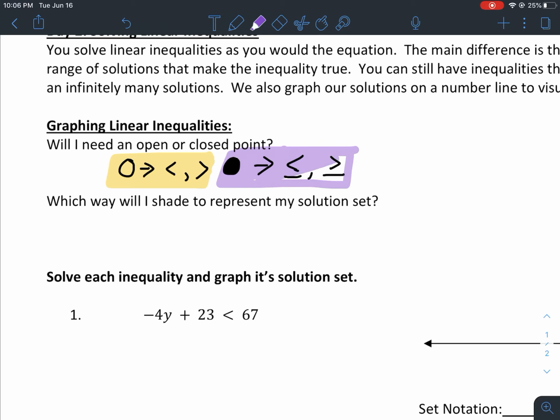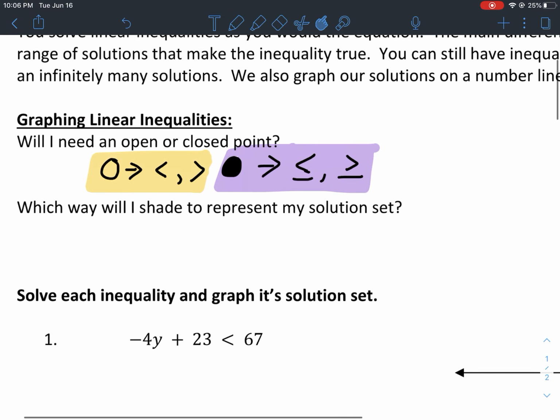So, what does each represent? An open circle represents no equality. So, if I have an open circle, that basically means that the point on that circle, exactly that number, is not a solution, because less than or greater than means the solutions are strictly bigger or smaller than that number. That number is not a solution. A closed circle means that there's equality here.